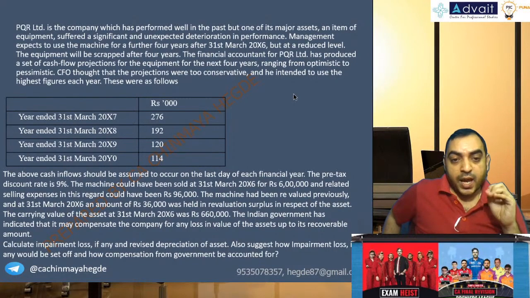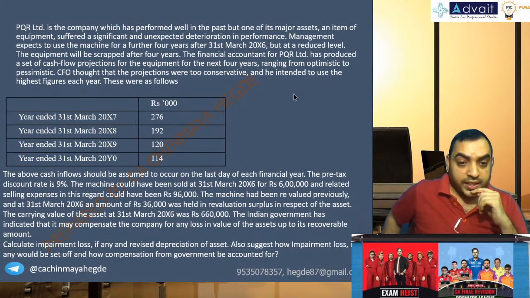The equipment will be scrapped after 4 years. The financial accountant of PQR Limited has produced a set of cash flow projections of the equipment for the next 4 years for computing value in use, ranging from optimistic to pessimistic. The CFO thought the projections were too conservative and intended to use the highest figures for each year. They are as follows. The above cash flows should be assumed to occur on the last day of each financial year.